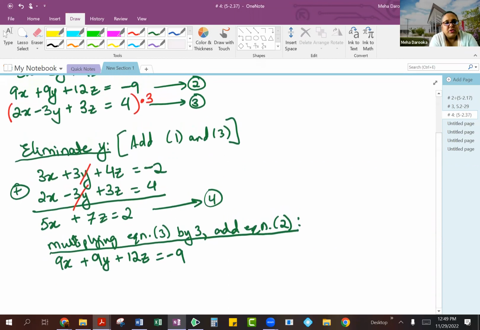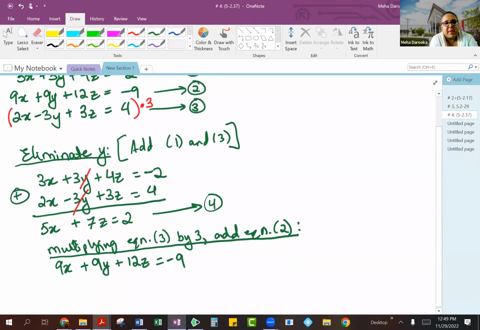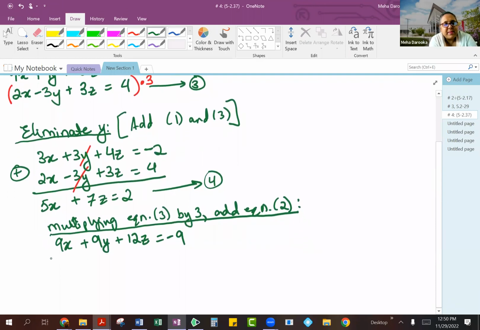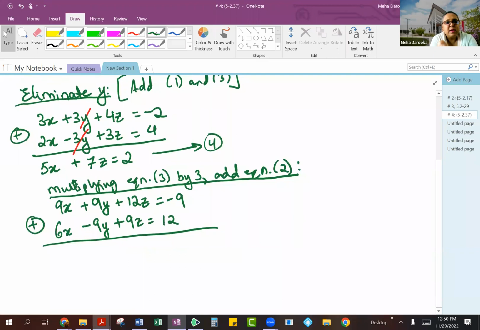Okay, so equation 2, 9x, 9y, 12z = -9, all of that stays the same. And then multiplying equation 3 by 3: 3 times 2 gives us 6x, minus 3 times 3 is 9y, 3 times 3 is 9z, and 4 times 3 gives us 12. Now you're adding this together.